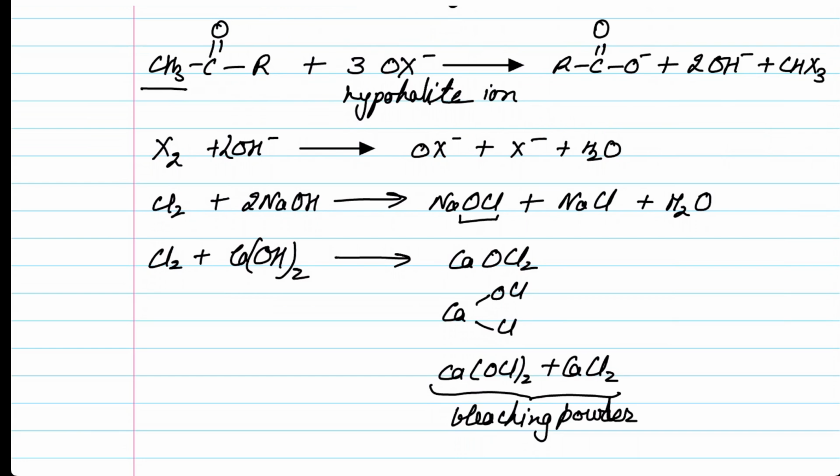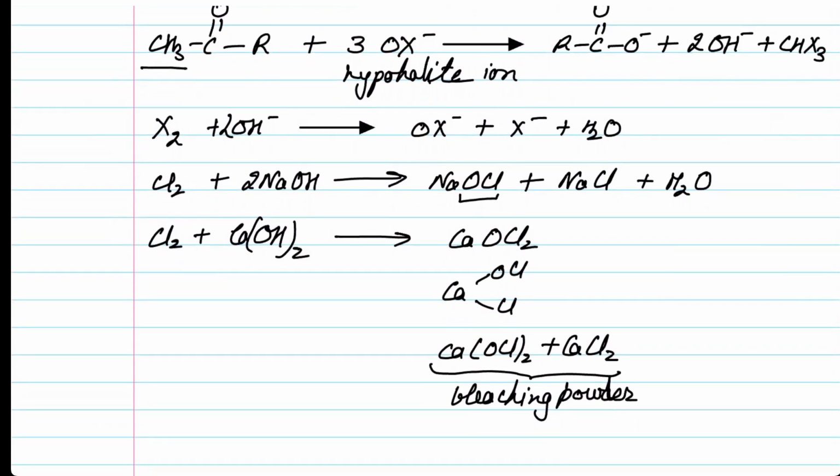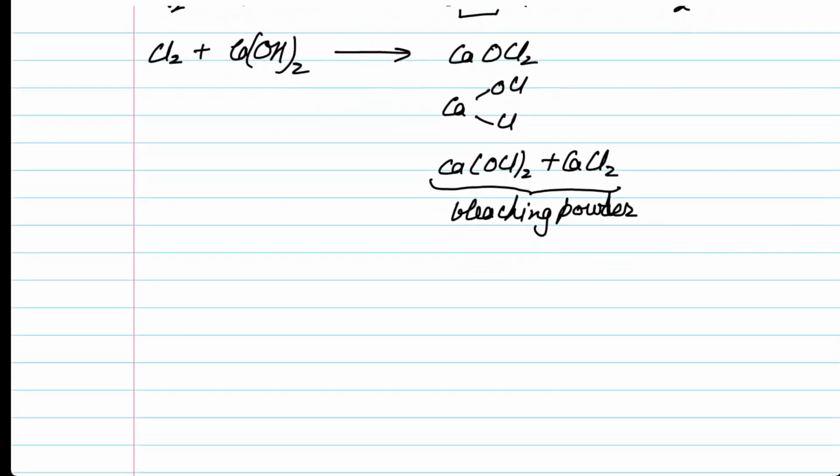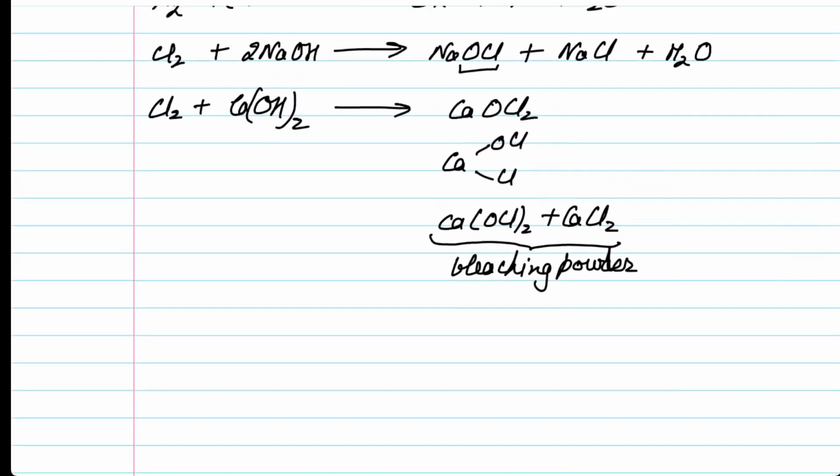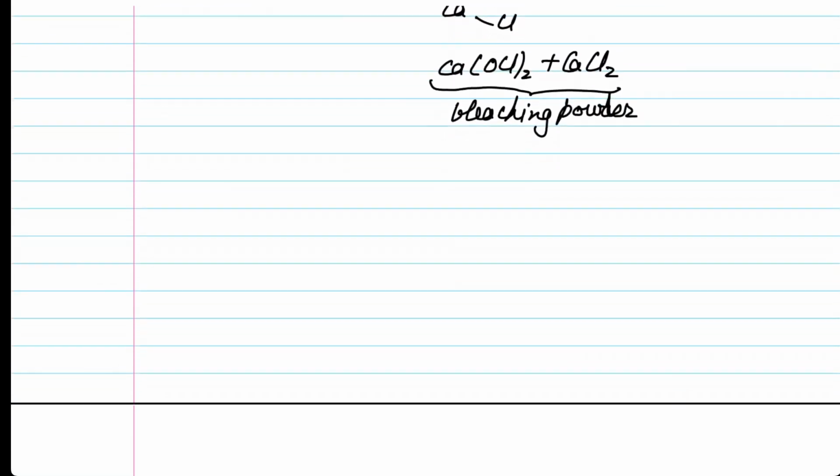So that is how it can be used as the haloform test. So this is what we have as the haloform reaction. The detailed mechanism of the haloform reaction will be done in the chapter aldehydes and ketones. So this is the haloform reaction, or the preparation of alkyl halides from carbonyl compounds.